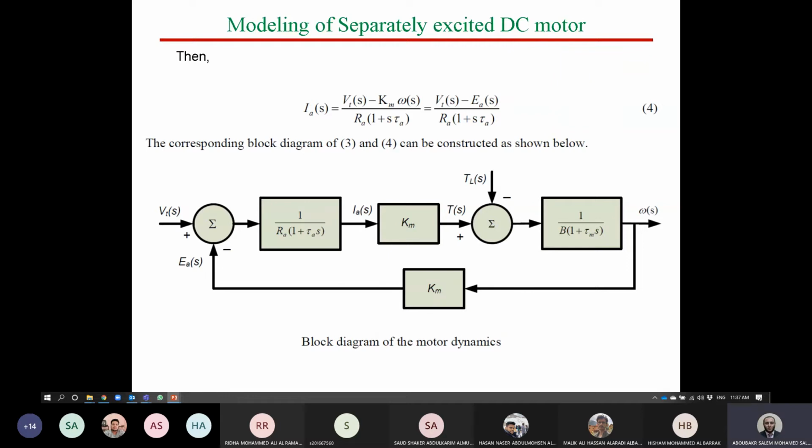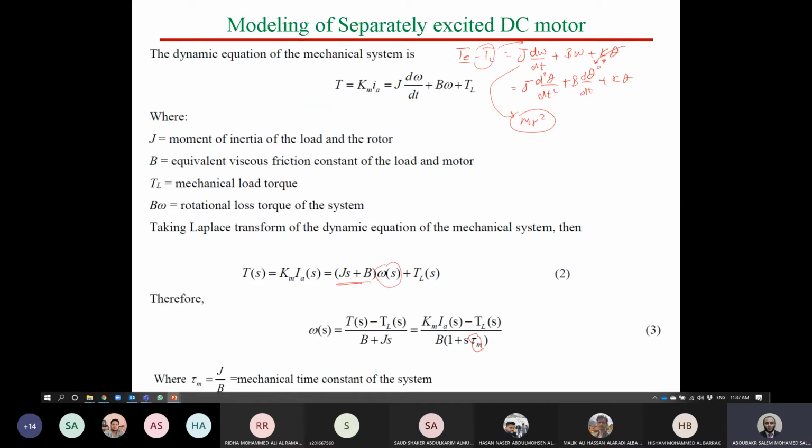This is the electrical, and number 3 here was the mechanical.